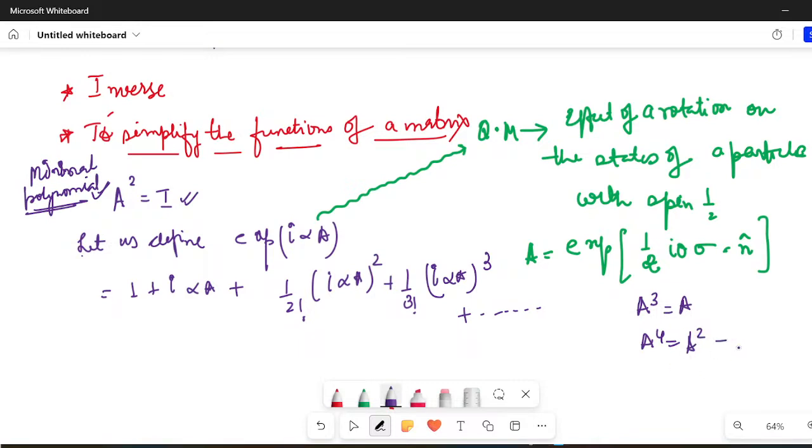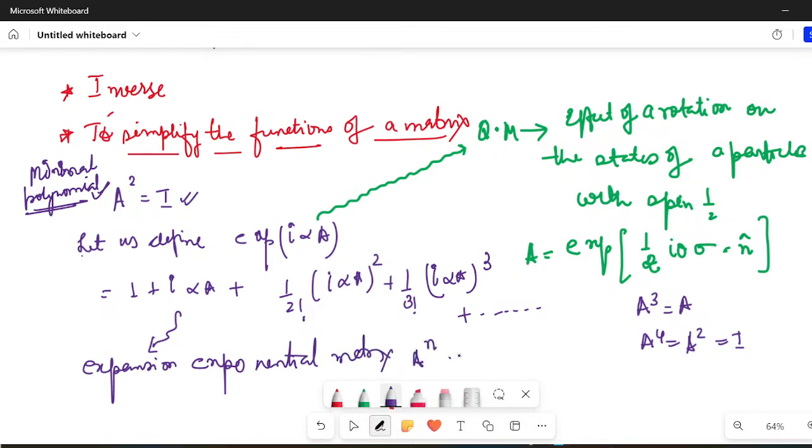A square is again I. So in the expansion of this exponential matrix, the even powers of A, which I can write as A raised to power 2m, will become identity, and the odd powers will simply become A. The odd powers would simply become what?